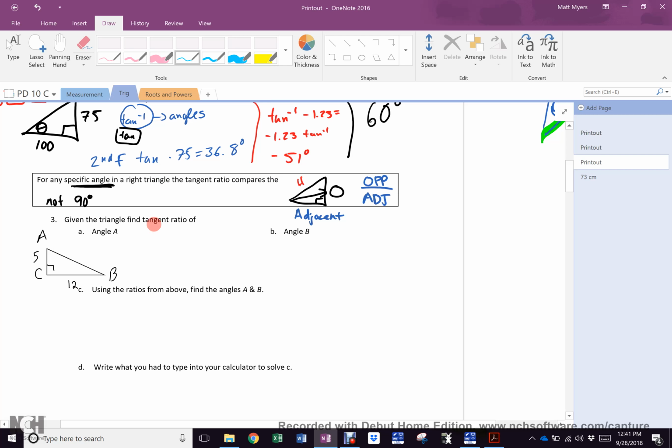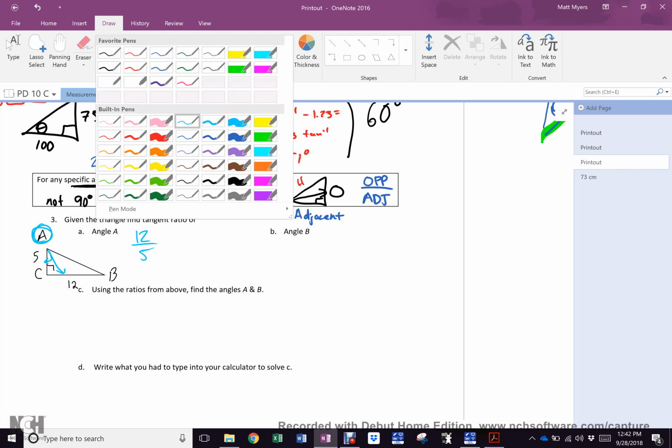Is the first one 5 over 12? Where is angle A, Jasleen? Right there. Tangent is opposite over adjacent, yes? What does opposite mean? Across. So what's across from A? 12. What's adjacent to A? 5. So it's the other way around.